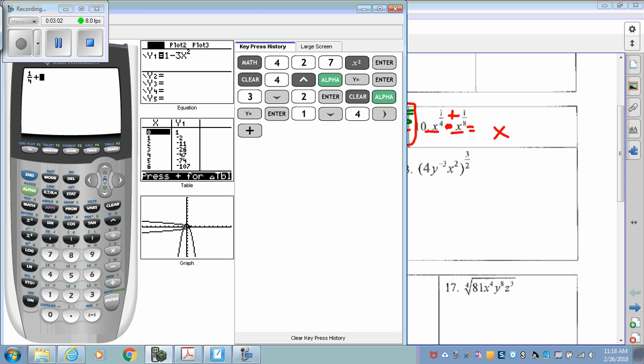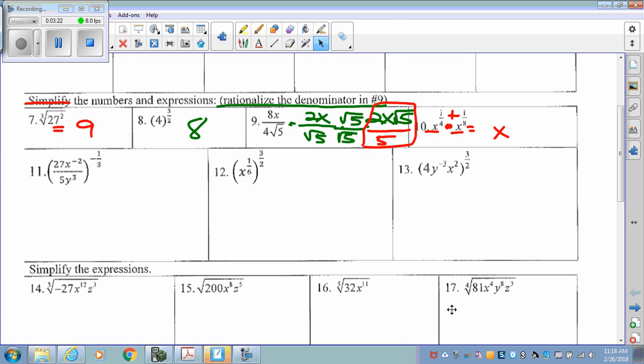If you multiply, you're going to add the exponents together. So 1/4 plus 1/8, alpha y equals to get my fraction, and then that's 1/8, and I'll hit enter. So that would be 3/8. So this would be x to the 3/8.